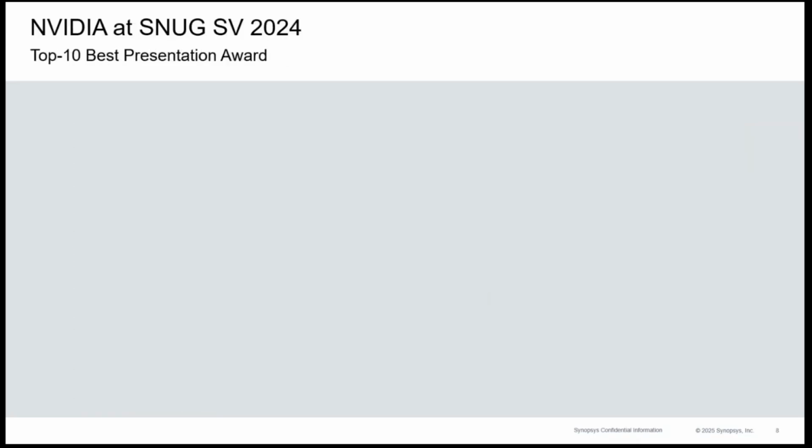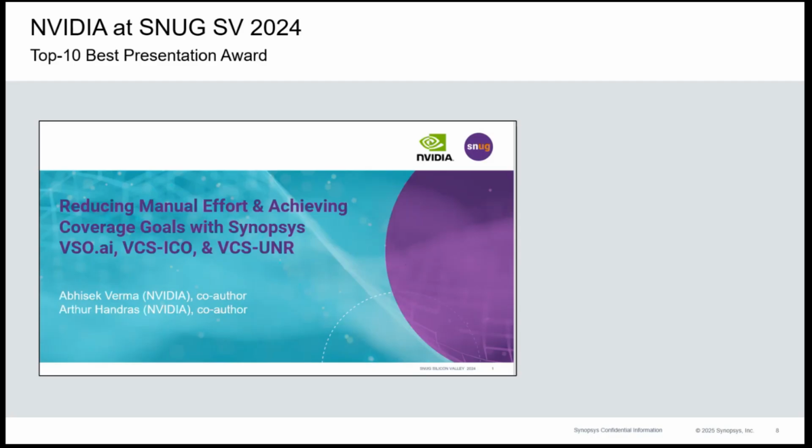Our customers have seen tremendous benefit from VSO.ai. This is actually a paper presented by NVIDIA during our SNUG, on the topic of reducing manual effort and achieving coverage goals with VSO.ai and VCS with ICO and the unreachability analysis tools.